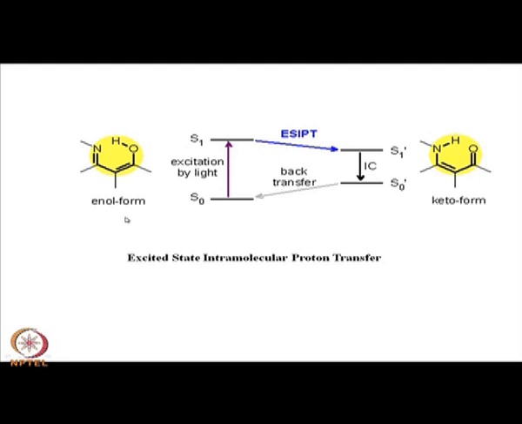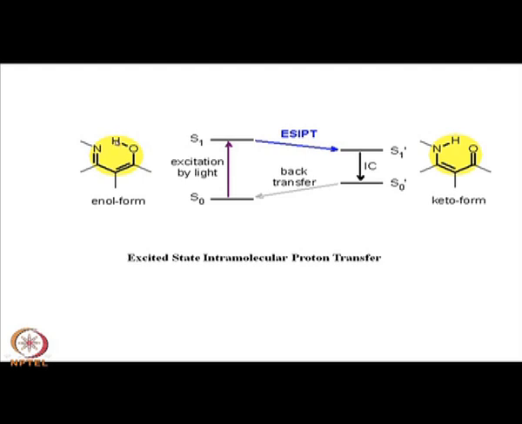So this is a typical simplified schematic which talks about this configuration change, where hydrogen is transferred from oxygen to nitrogen. Since hydrogen is very small in size, it can form hydrogen bonds simultaneously with this nitrogen and oxygen.